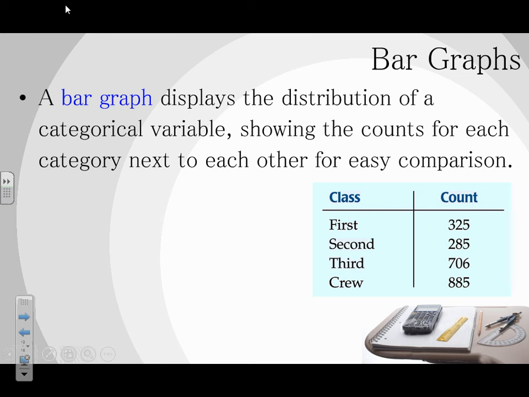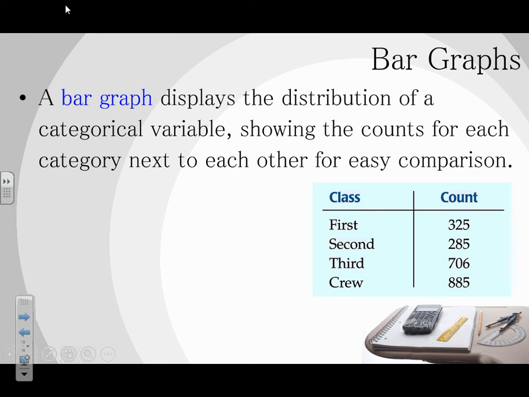And what they're very good at is allowing us to compare different categories to one another. They're very easy to look at, they're very easy to read, they're very easy for comparison. Okay? So bar graphs are always used when categorical variables are in play.